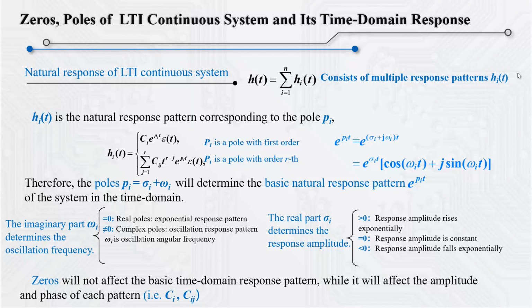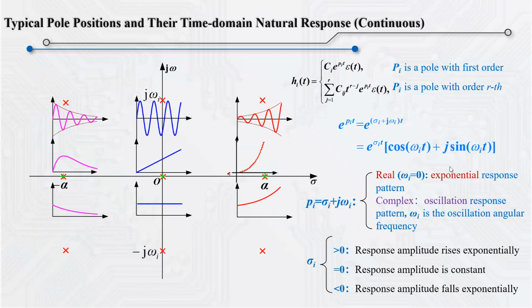If it equals 0, then the response amplitude will be a constant. Zeros won't change the basic pattern of time domain natural response, but they will affect the coefficients of the patterns and subsequently affect the amplitude and phase of each pattern.